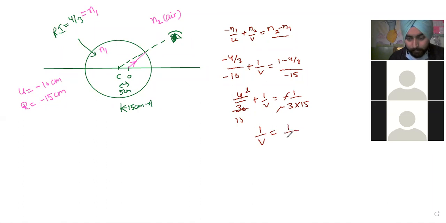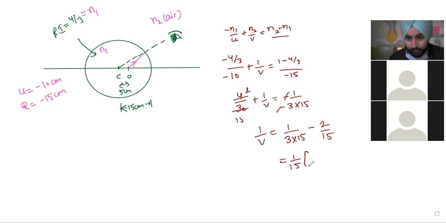And 1/v is equal to 1 by, let us solve this a little. 3 into 15 minus 2/15. So we can take common 1/15.